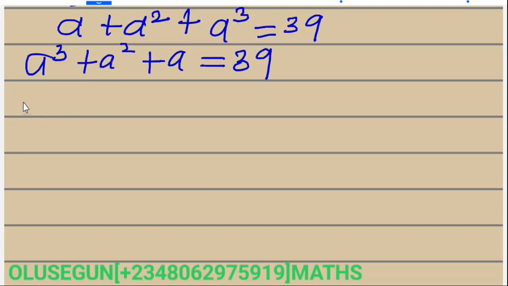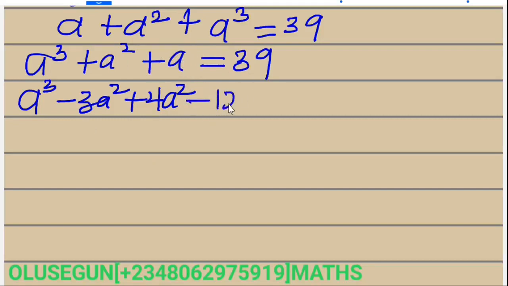This a squared can be written as a raised to power 3 minus 3a squared plus 4a squared. By the time you add these two, it will give you a squared. Now, let's also expand the a. This a can give us minus 12a plus 13a is equal to 39.